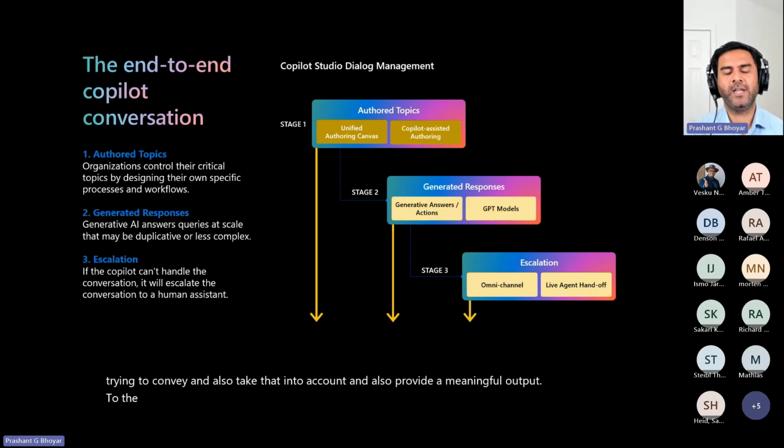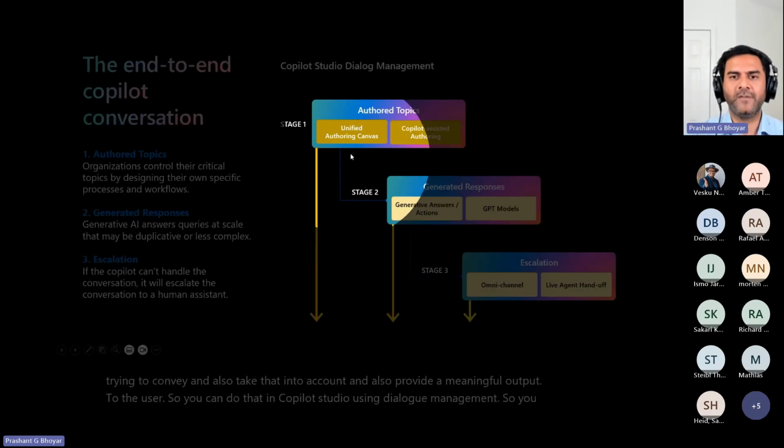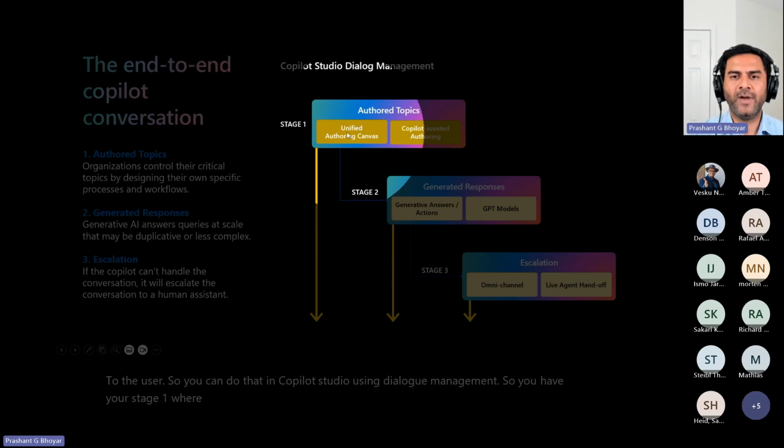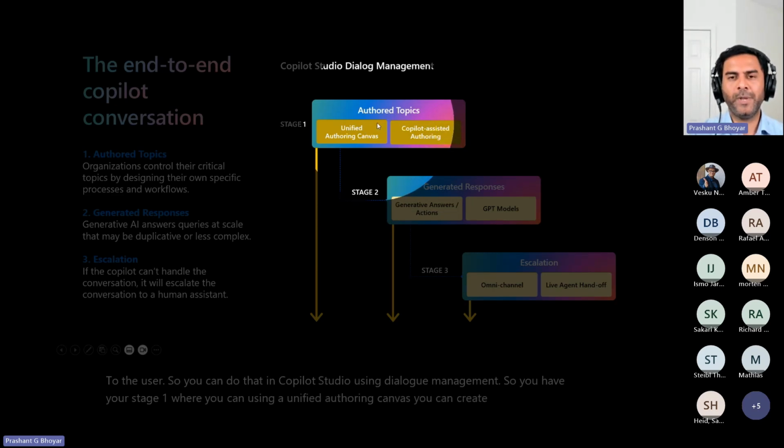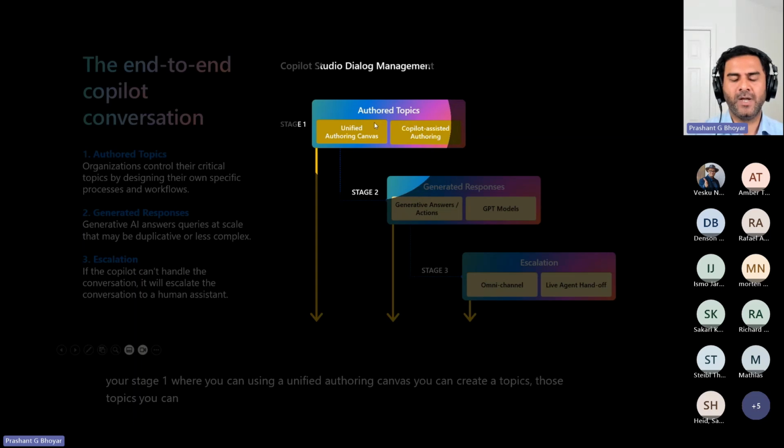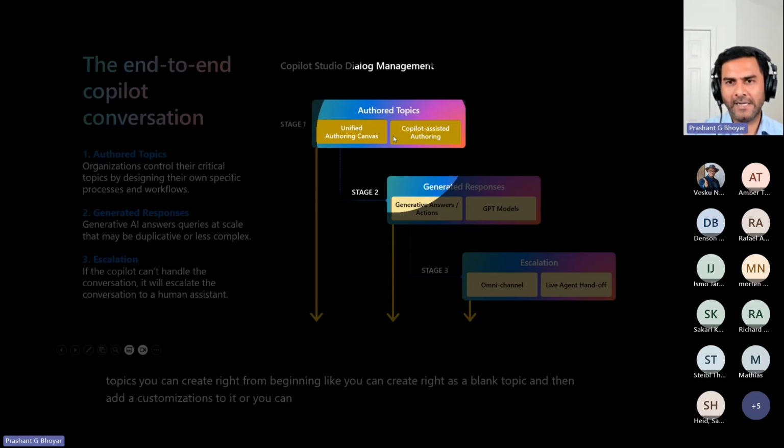So you can do that in Copilot Studio using dialogue management. You have your stage one where, using a unified authoring canvas, you can create topics. You can create those topics right from the beginning, as a blank topic, and then add customizations to it. Or you can also use a Copilot inside Copilot Studio to create that as well.